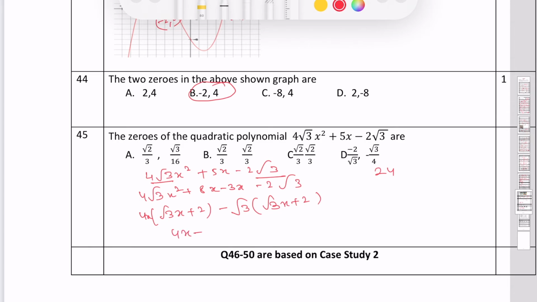So we have 4x minus root 3 and root 3x plus 2. If you simplify it, x will be root 3 by 4 and minus 2 by root 3. So which option is correct? Root 3 by 4 and minus 2 by root 3. This one, option D.